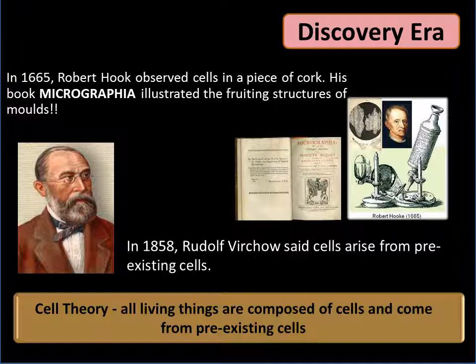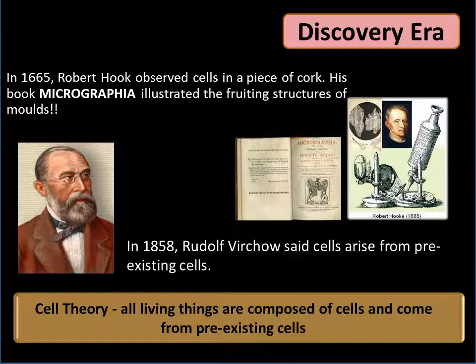With that, he started viewing other objects also, and then he moved to the biological world, where he illustrated the fruiting structures of molds. He put all his observations into a book called Micrographia, which gave light to several other workers working after him.